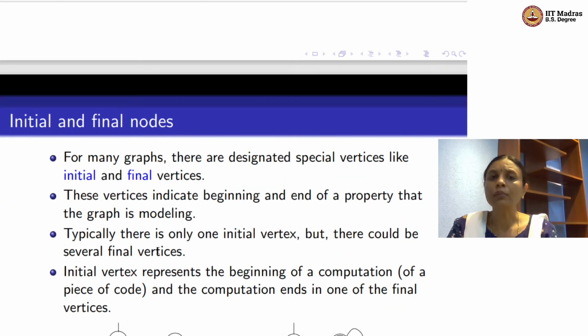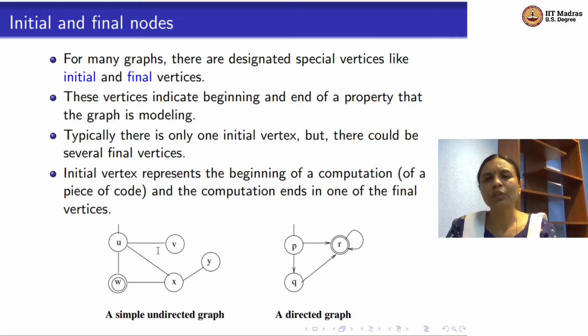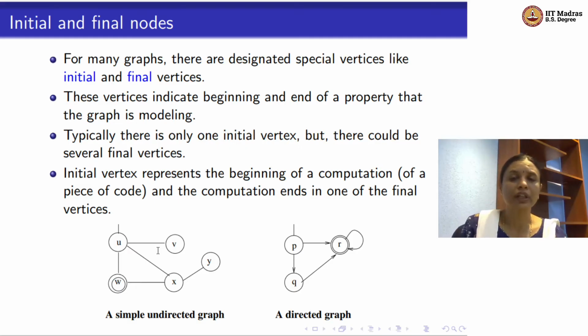Then one more notion, which is very specific to areas like testing. In general, graphs need not have designated nodes that have special properties. But typically, when we consider graphs in testing, we consider certain nodes as initial nodes and certain other nodes or vertices as final nodes or vertices.